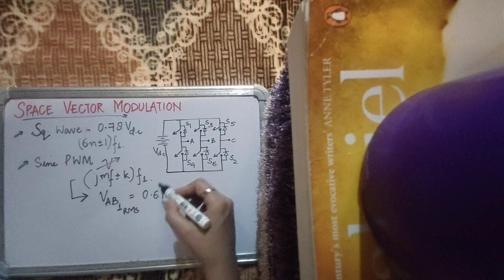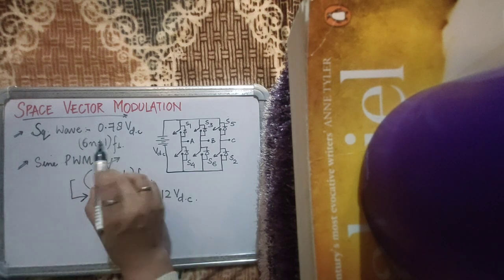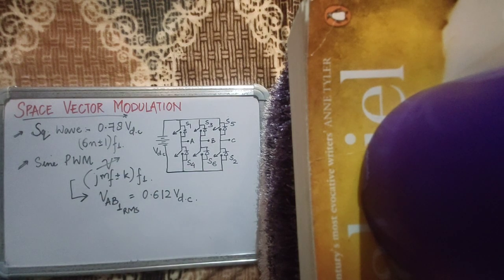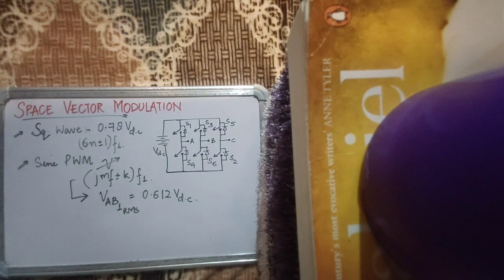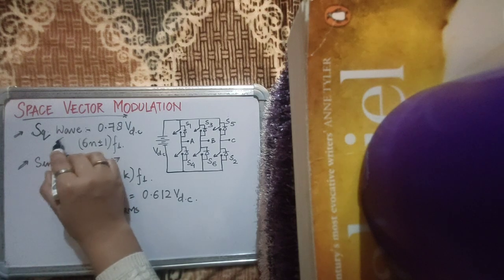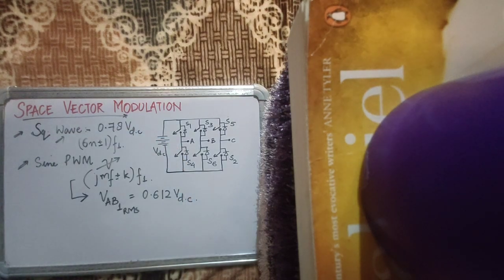You could of course go beyond 0.612 up to 0.78, that was in the over modulation range, but that was possible only when you were willing to compromise on your harmonic spectrum. Your harmonic spectrum would also have lower order harmonics when you operate in over modulation, and if you want to achieve exactly 0.78 times VDC, then you'll have to go into square wave modulation and lose control over the output voltage, and of course have all kinds of lower order harmonics in your spectrum.